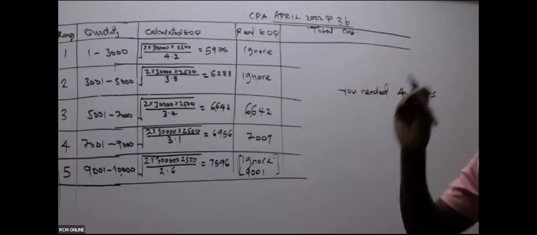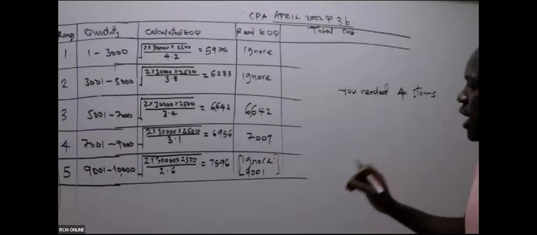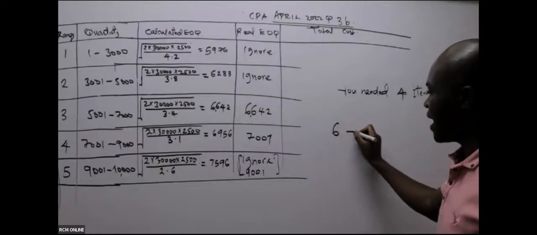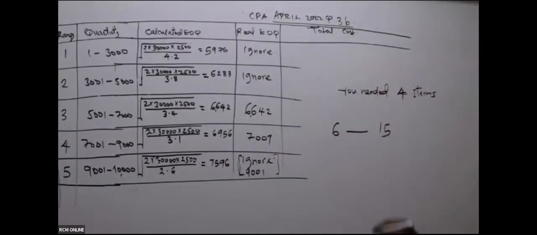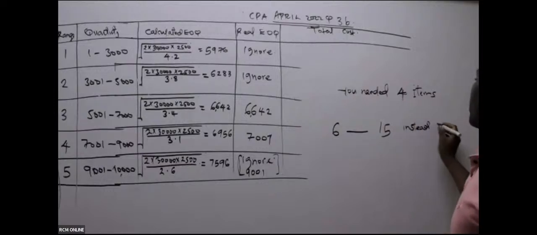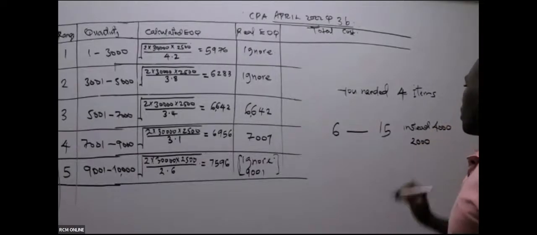Then when you go to the market, the seller tells you, you know what? This product, if you purchase any units between 6 and 15, I'm going to give you a discount. So instead of paying me 4,000, you'll be paying me 2,000 per unit.